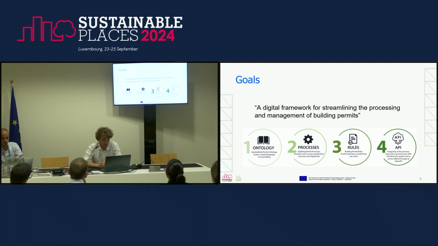The main goal, if we need to summarize the DigiChecks project, is that we want to achieve a digital framework for streamlining the processing and management of building permits. And the streamlining there is a very important word, because if we only have the data models, then it's very difficult to streamline, because we don't want anyone to code permits.